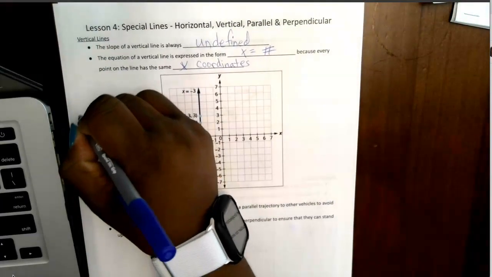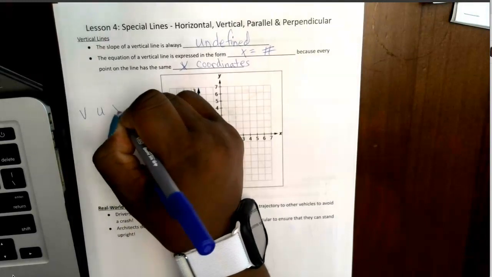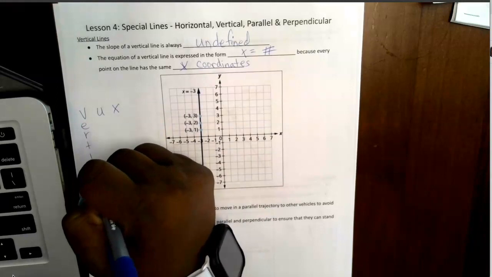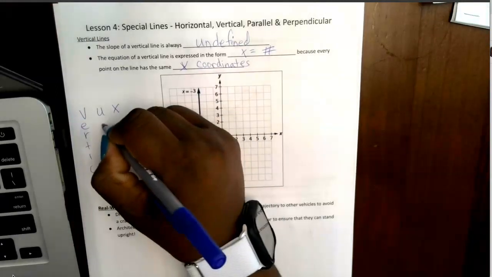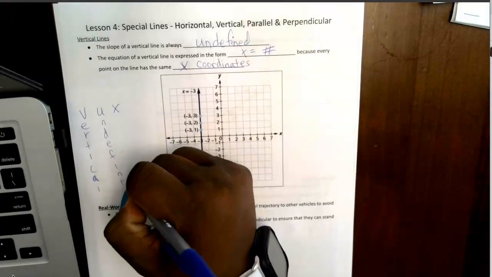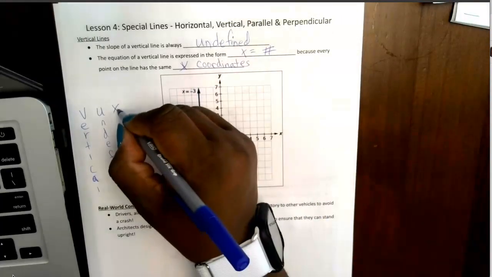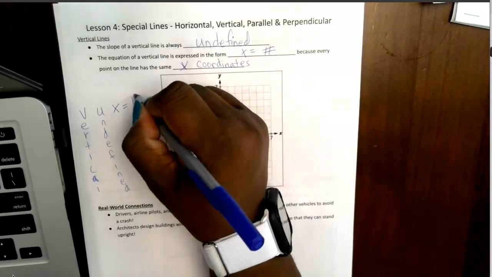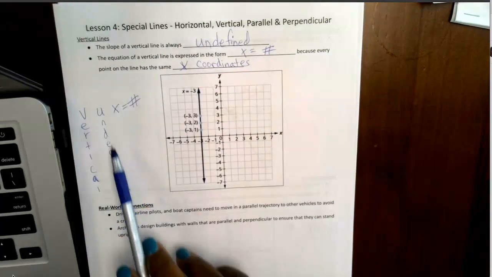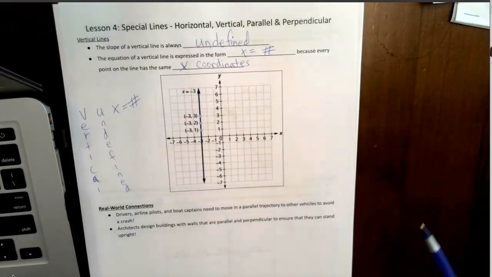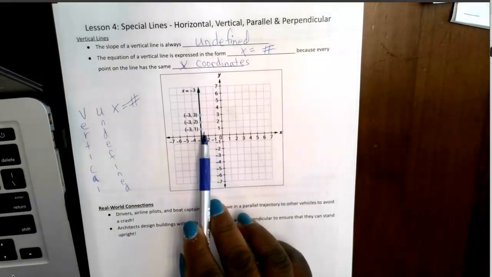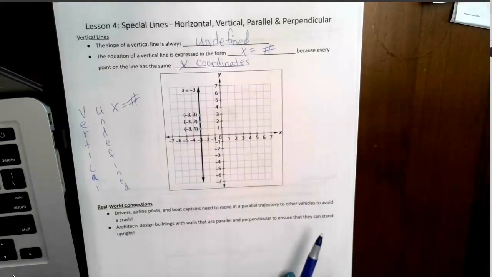This one is called VUX. V-U-X. You have a vertical line, the slope is undefined, and x equals a number. So it's vertical line, undefined, and x is equal to a number. As you see here, all the x coordinates are the same at -3 for this example.